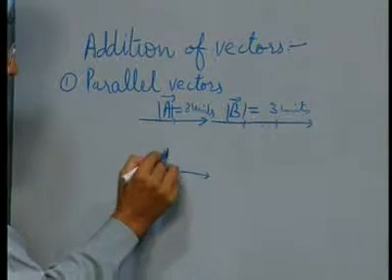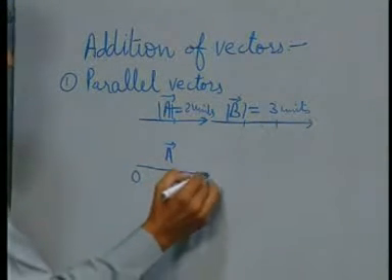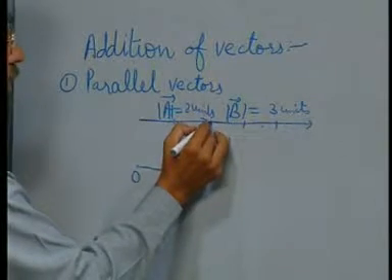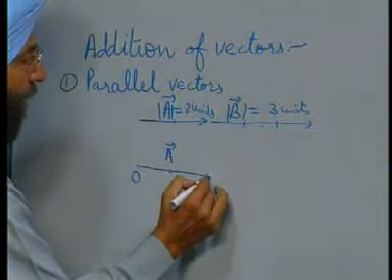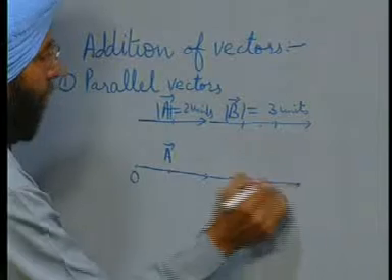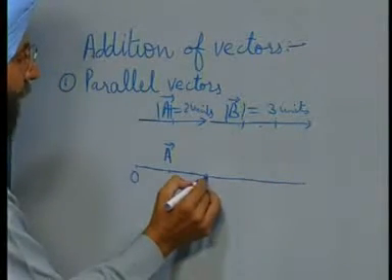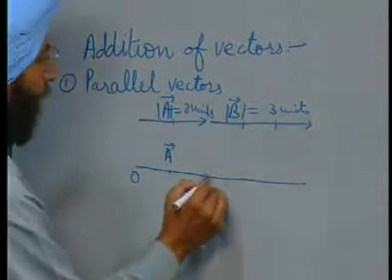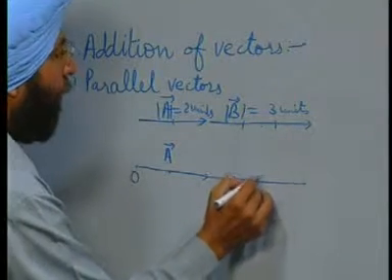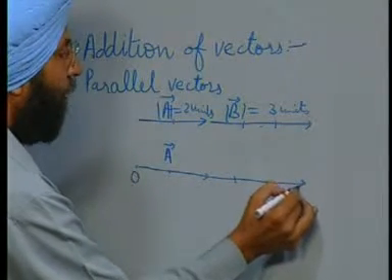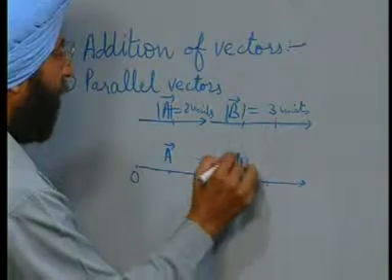So, this will represent A vector. Now, we pick the tail of B vector and place it at the head of A vector and then move 3 units. So, this will be B vector.